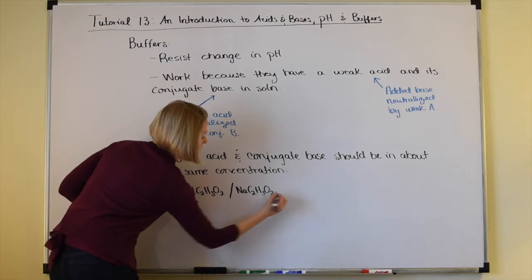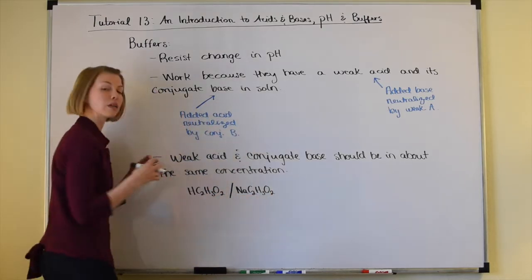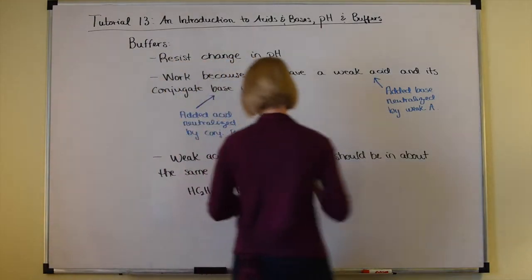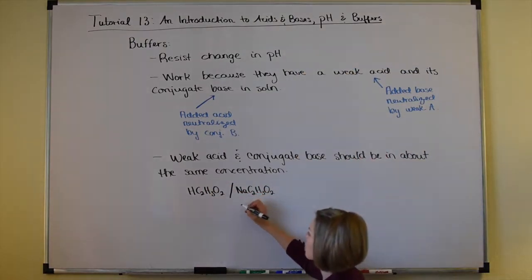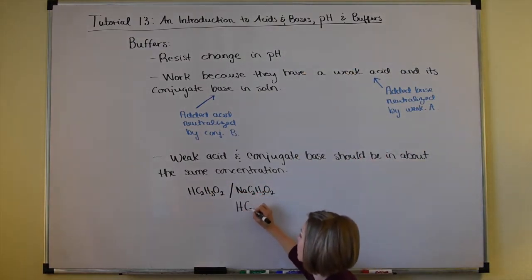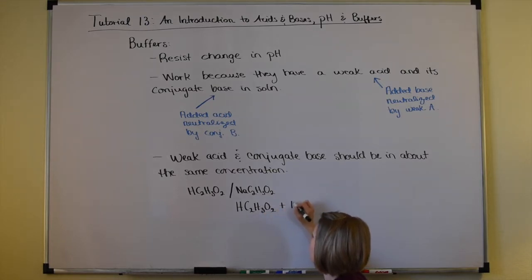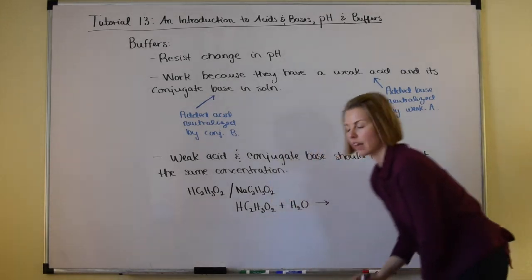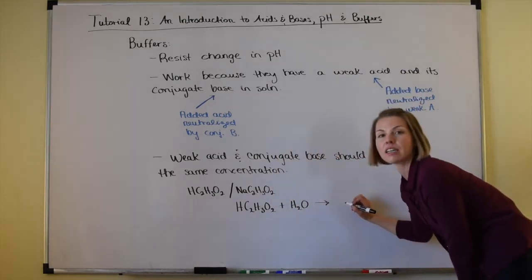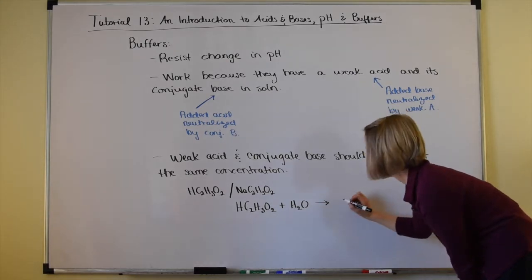So here's my acetate anion, and it's combined with a sodium cation. Well, we already know that acetic acid, being a weak acid, is going to ionize only partly with water. Okay, that's the definition of a weak acid. Less than 100% ionization in water.